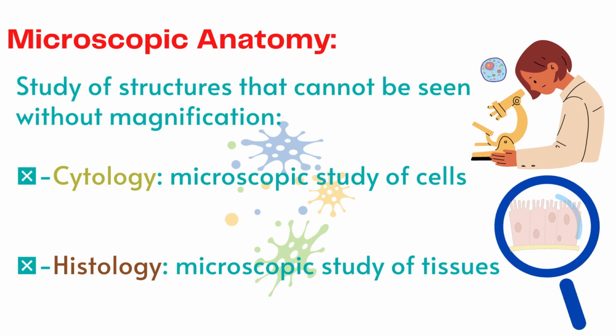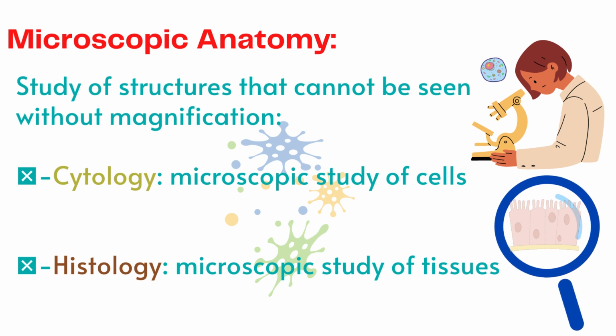Okay. Now let us look at the first division, that is microscopic anatomy. And just like I've said, microscopic anatomy focuses on the study of the structures which cannot be seen without magnification. Okay, we usually use a microscope whenever we are studying this division. So we have two subdivisions again. For microscopic anatomy, we have the first division being cytology, and cytology is basically the study of cells.